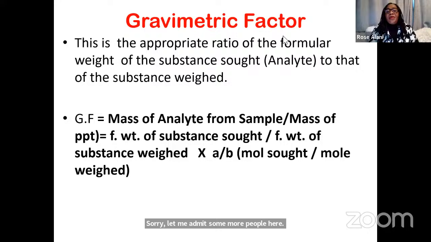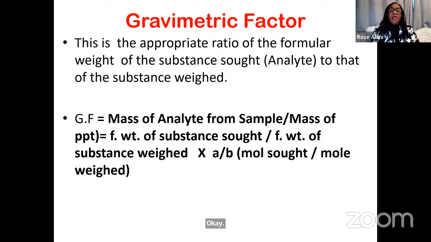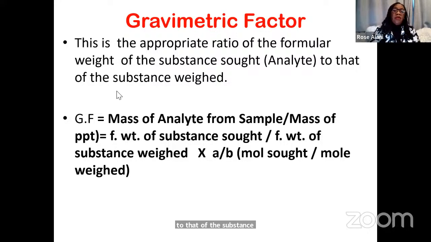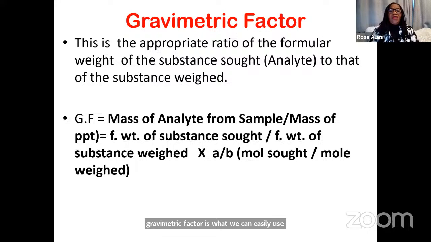So this is the appropriate ratio of the formula weight of a substance, that is for your analyte, to that of the precipitate substance. Gravimetric factor is what we can easily use. So if you calculate your gravimetric factor, you can just multiply the other ratio by your gravimetric factor. So how do we get gravimetric factor?